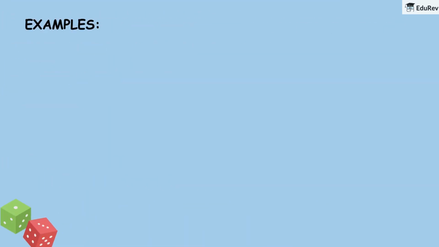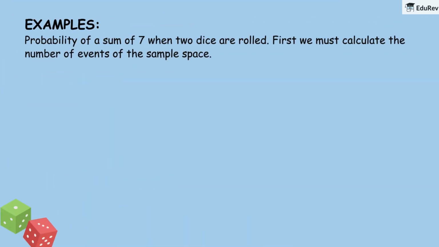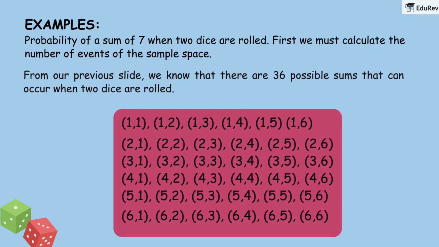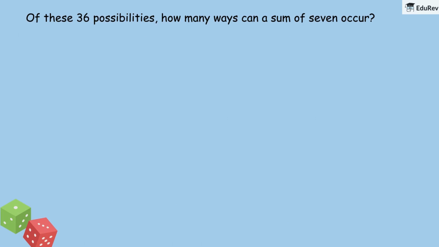Now, we will look at an exciting example, the probability of getting a sum of 7 when two dice are rolled. First, we must calculate the number of events in the sample space. From our previous slide, we know that there are 36 possible outcomes when two dice are rolled. Of these 36 possibilities, how many ways can a sum of 7 occur?